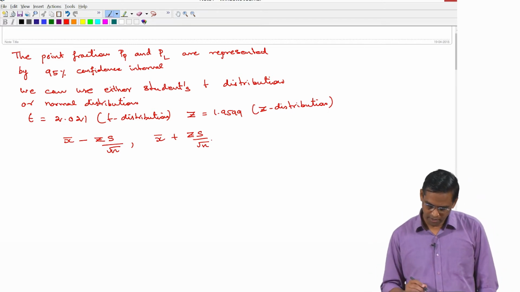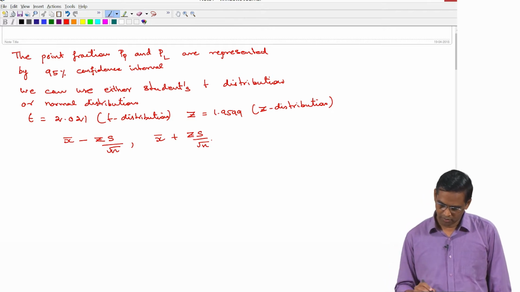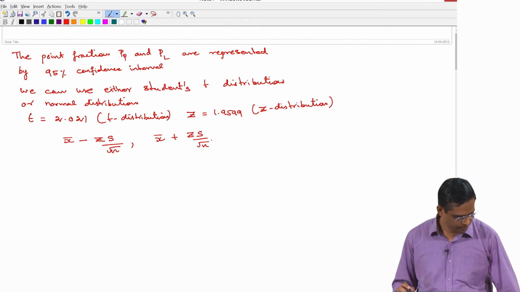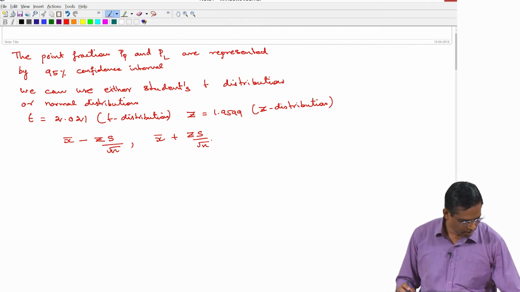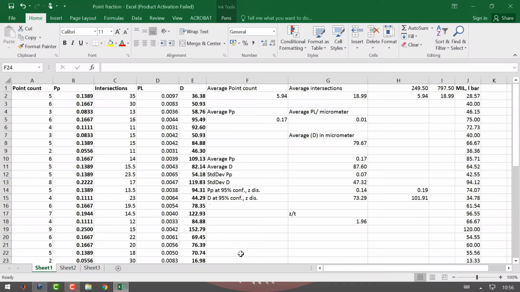So, for PP, let me go back to this Excel sheet. If you look at this, for PP we got an average of 0.17, and the average PL is 0.01.